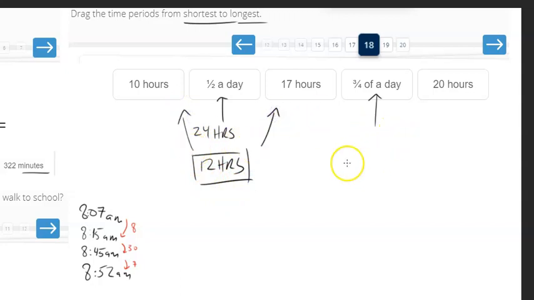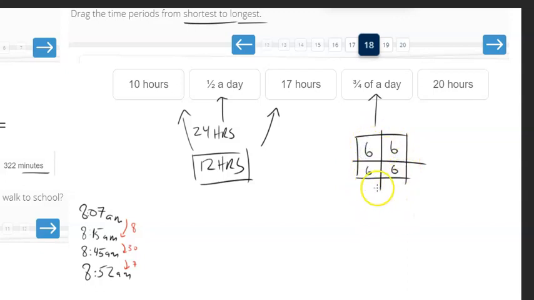But then 3/4 of a day, how do we work out 3/4 of a day? Well, if I were to get a certain amount and split it up into quarters, how many hours are there within a day? 24. What's 1/4 of that? What's 24 split into 4 parts, or divided by 4? Well, that's 6. There'll be 6 hours in 1/4 of a day, 6 in the other, 6 in the other, and 6 in the other.